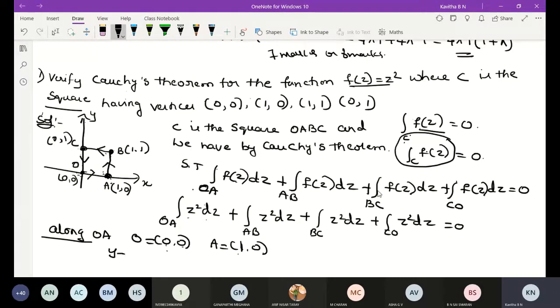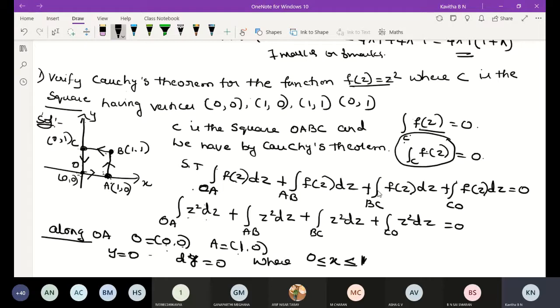Then dy is also 0, where x is greater than or equal to 0 and less than or equal to 1.